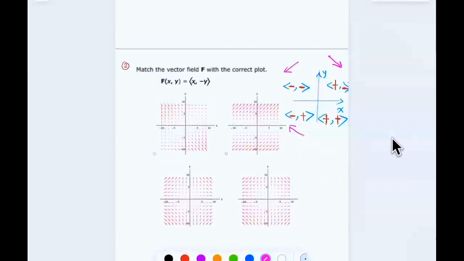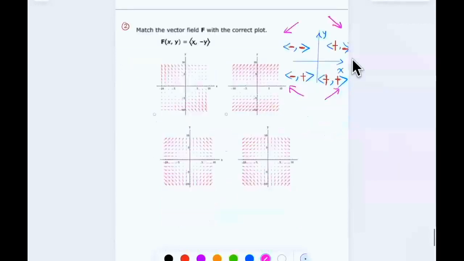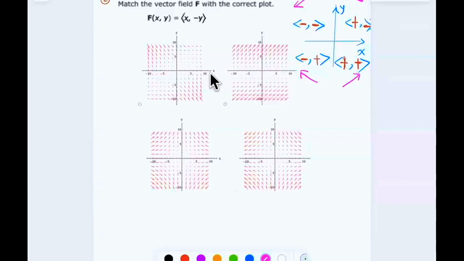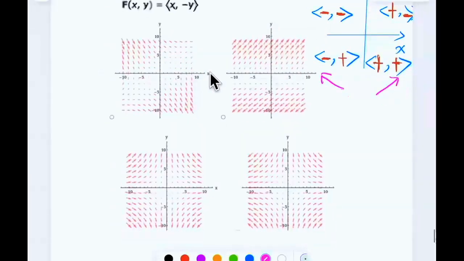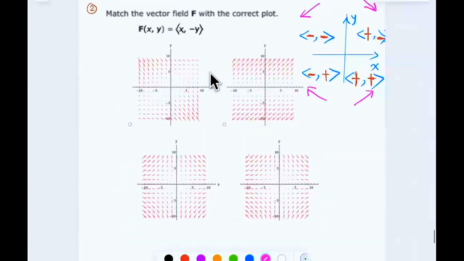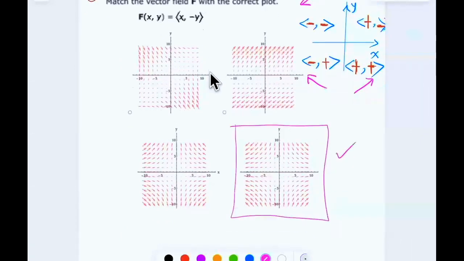And then positive, this way. So the first quadrant, it looked like this. So the only one that matched this is going to be this one, right? Because you see here, it goes this way, and here goes this way, and here goes this way, and then here goes this way. So that's the one that match, right? Okay, good job. Okay, all right.